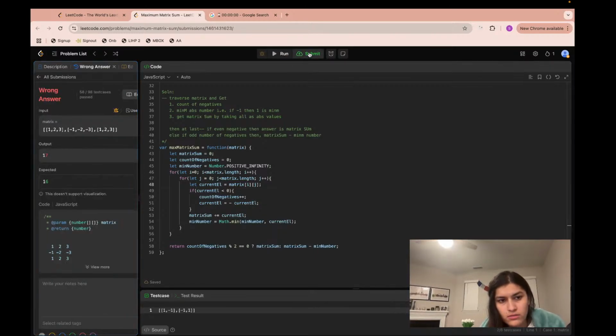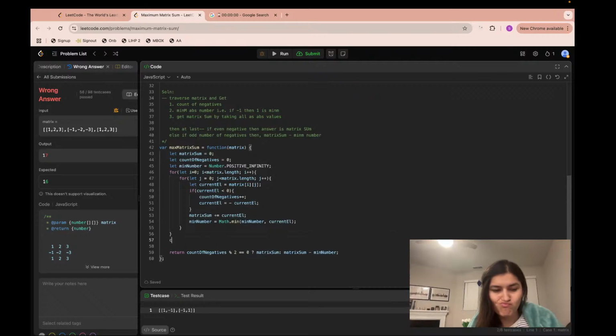Wrong answer. So here there are 3 elements that are negative and then 1. So I can do -1 right here. Output is 17. So here let's see what the test case is. console.log the matrix sum and the minimum number.